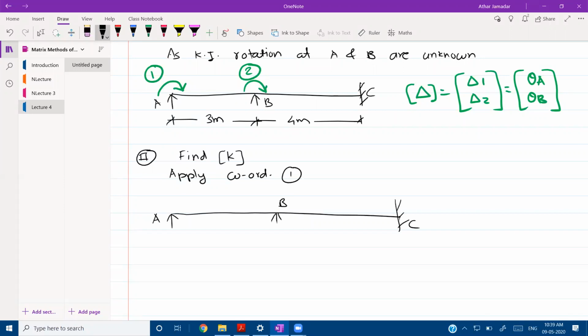So there will not be any effect of this coordinate number 1 on beam BC. So now if we apply coordinate number 1 in this fashion, then as per the development of stiffness matrices, if for this beam AB this moment number 1 is striking from above, then the deflected shape of beam AB will be on the opposite side of that.